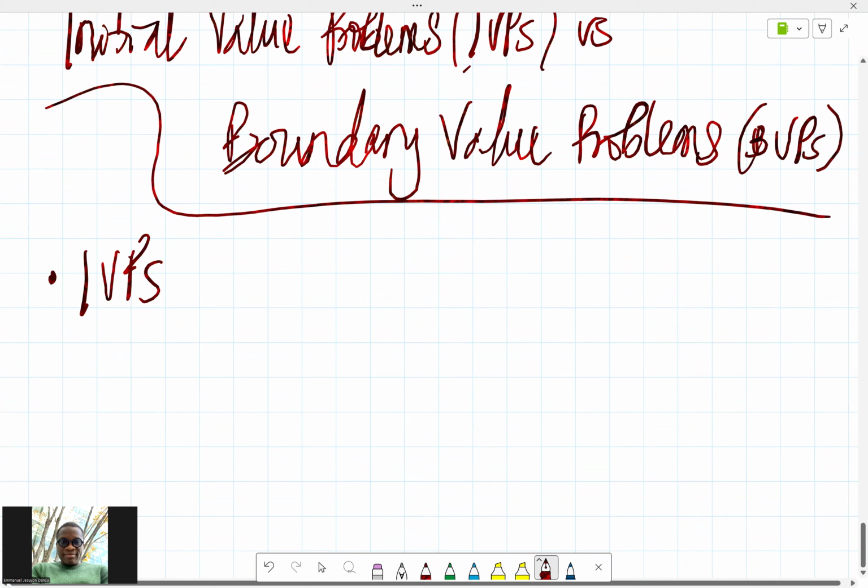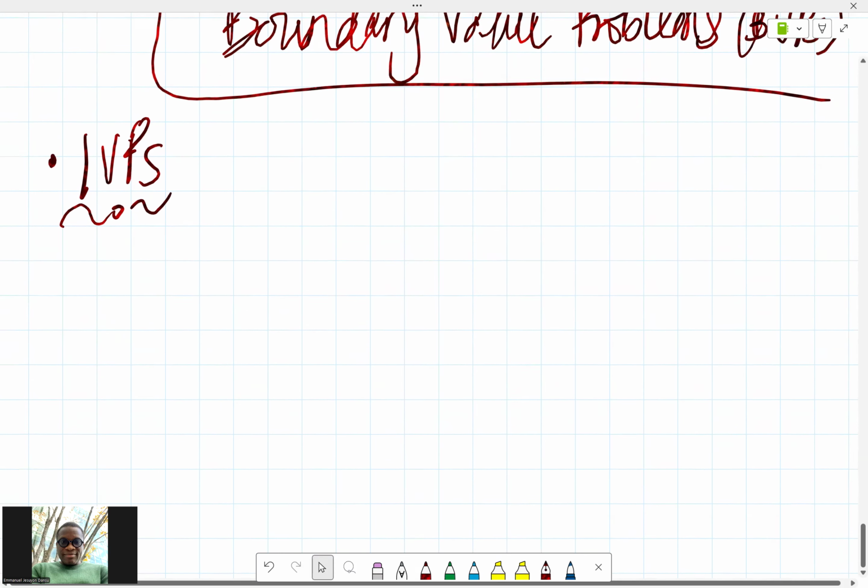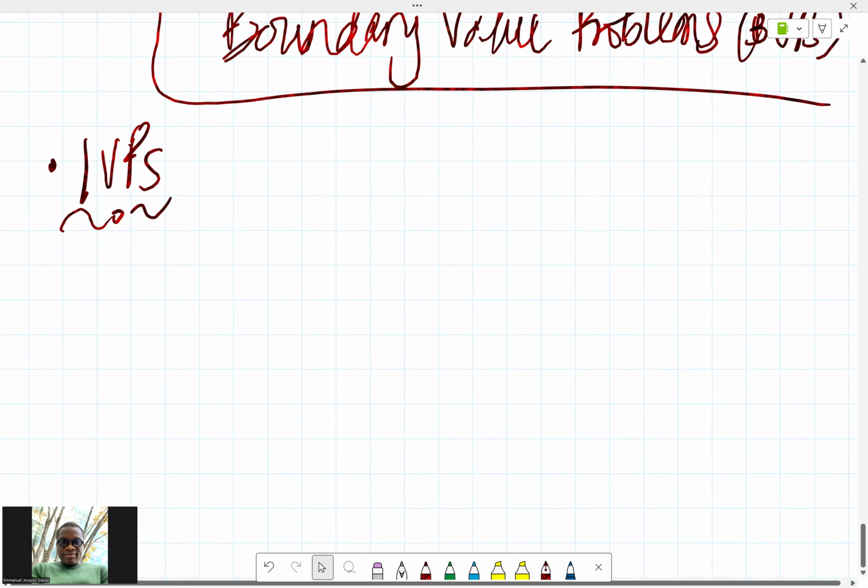Under numerical analysis, we talked about methods for solving IVPs and BVPs. For IVPs, I think that was where we saw the Euler method and Runge-Kutta method. And for boundary value problems, we talked about the shooting method, finite difference, finite elements, and the rest of them. I may still have to refer to that when we come to method of solution.